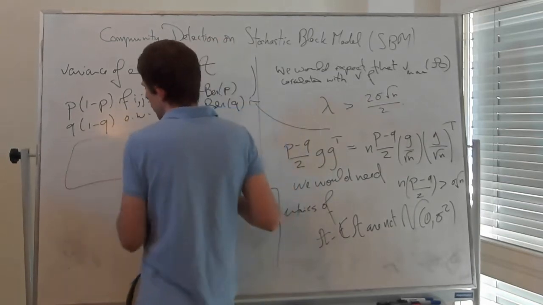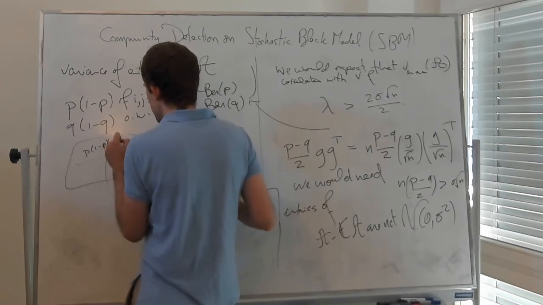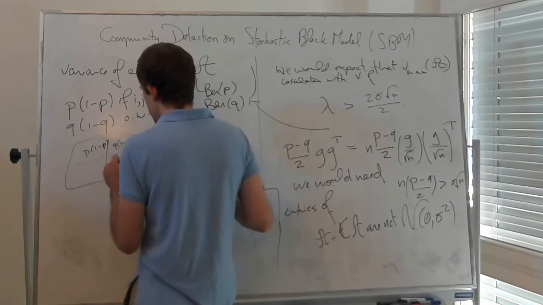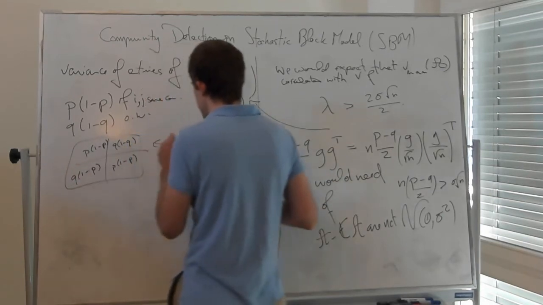If you think of the matrix like this, the variance here is P times 1 minus P. These are the variances.